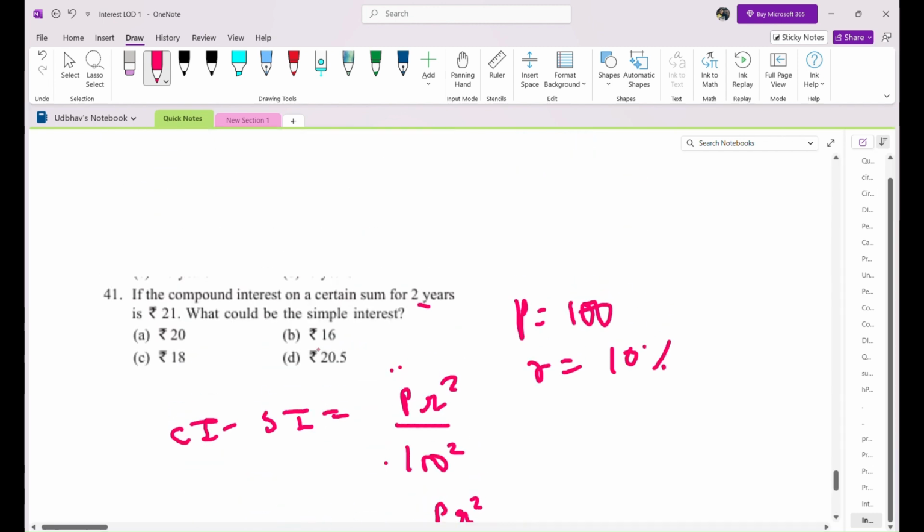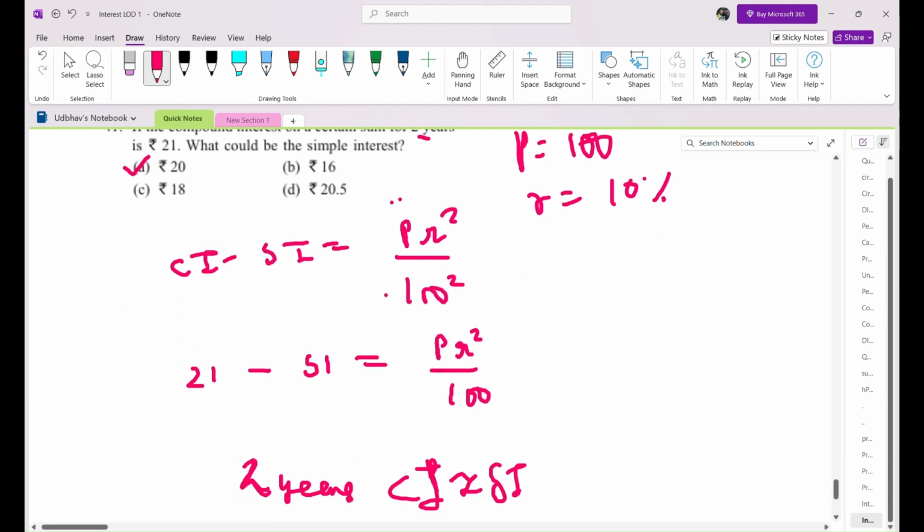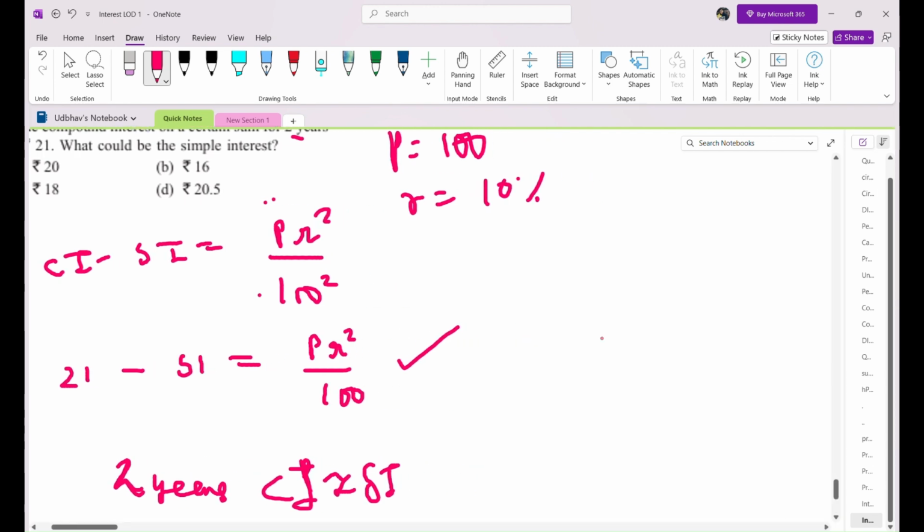So from seeing the options you can just tick 20 here, but to solve it we have to put in values of P and R specifically. It's just trial and error.